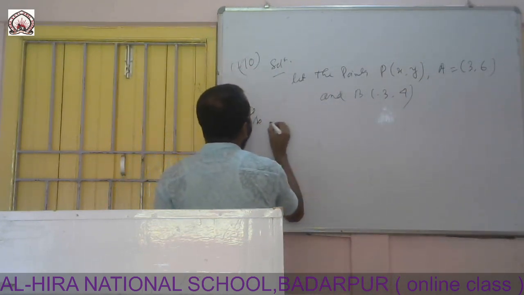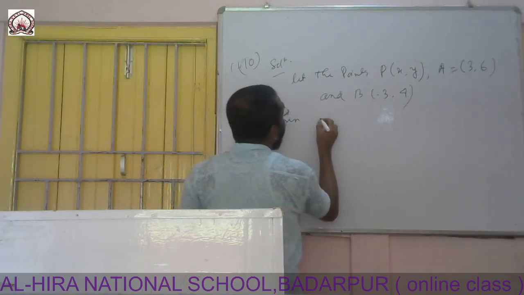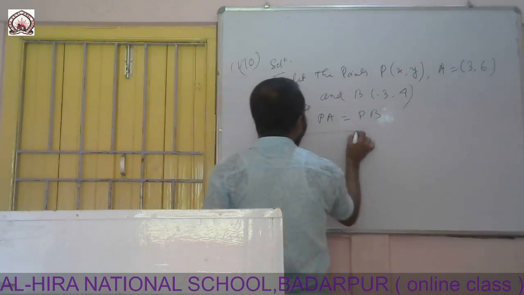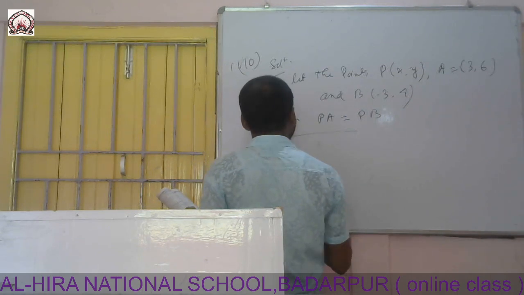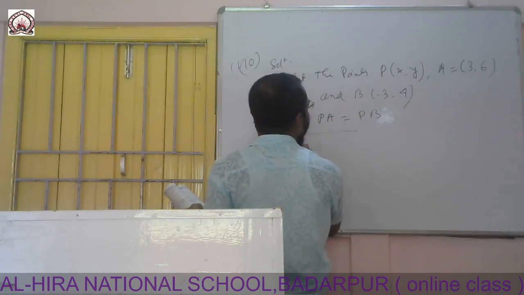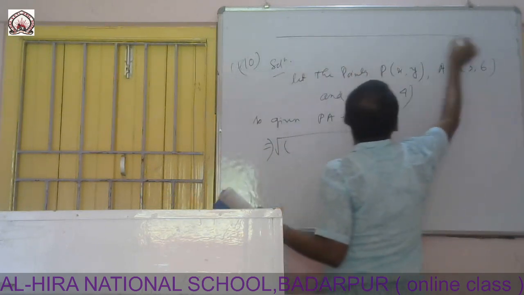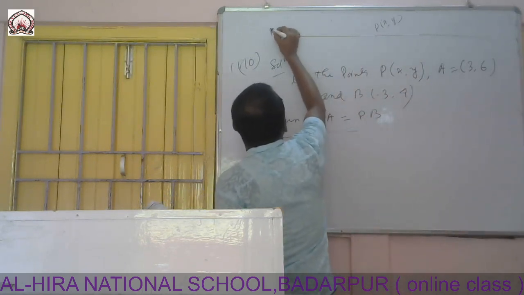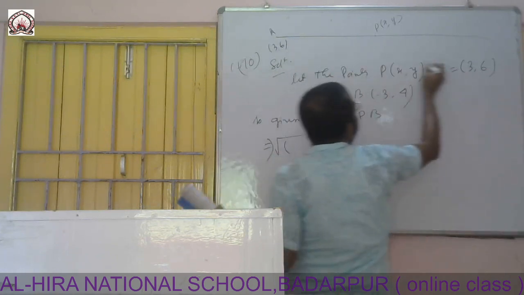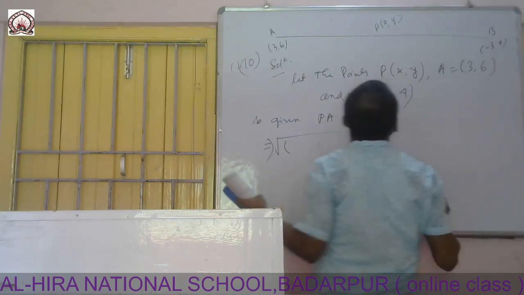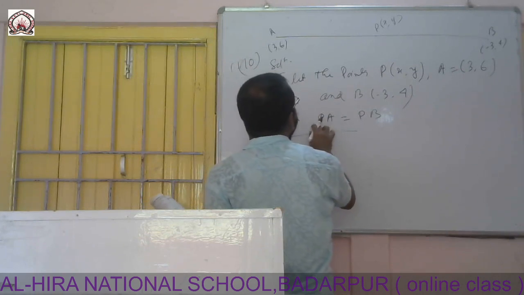So, given PA will be equal to PB. Using the distance formula, PA is root over (3 minus x)... So if it is P(x, y), then A is (3, 6) and this is B, which is (-3, 4). So PA will be PB.